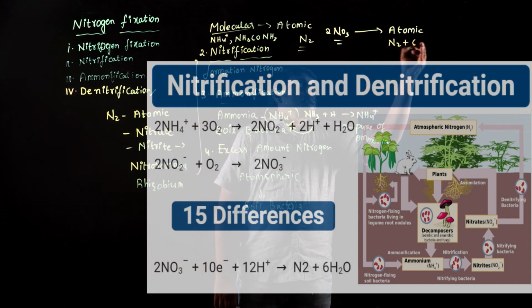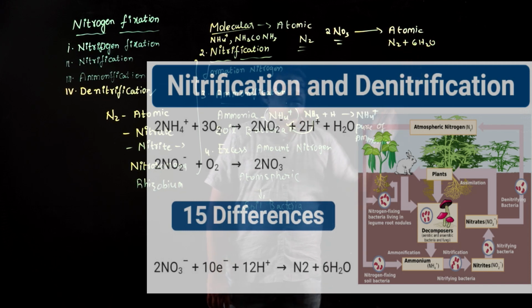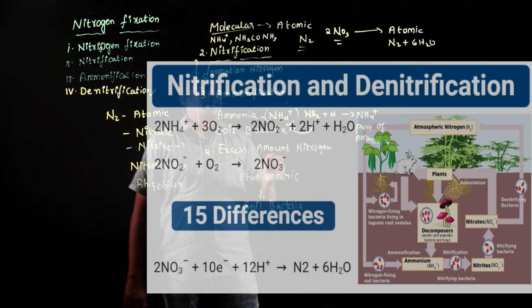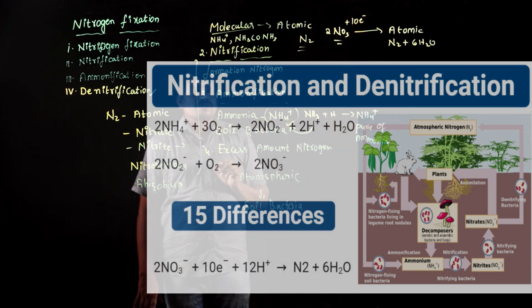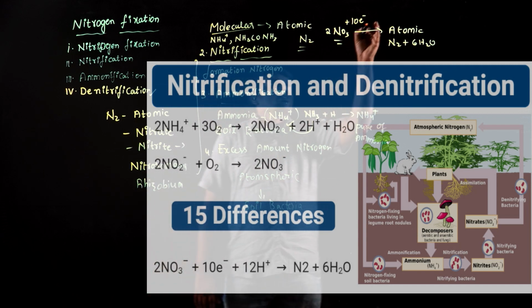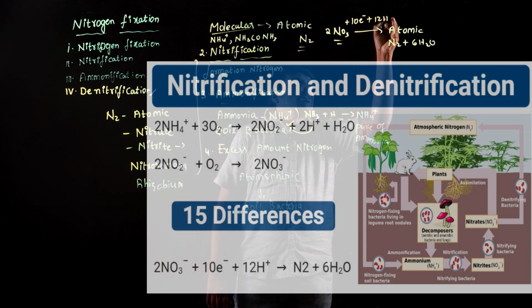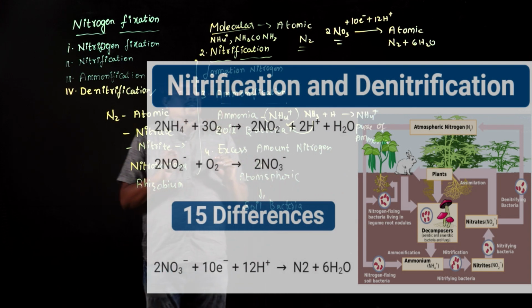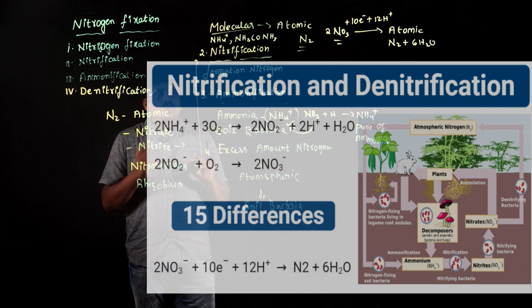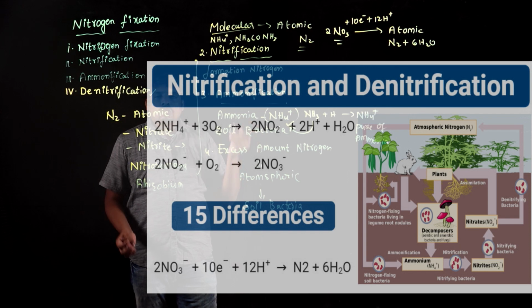What is happening here? If you carefully observe, nitrogen trioxide undergoes certain sequential reactions, especially the deoxidation process, where the nitrogen trioxide is converted into the atomic state of nitrogen and water molecules.